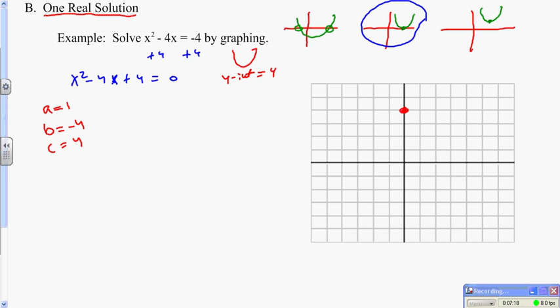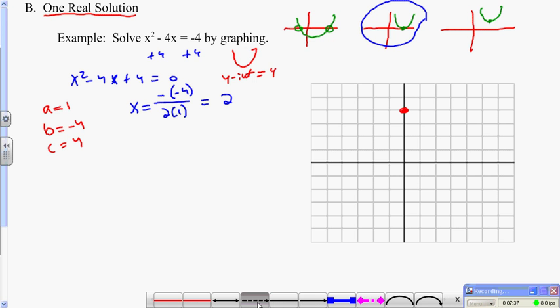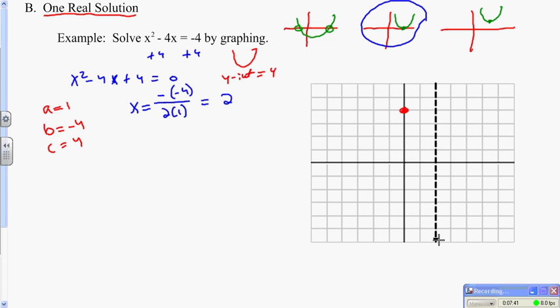There's the y-intercept. Let's find the line of symmetry. -b, in this case it's -4, over 2 times a, and we get 2. So our parabola has a line of symmetry at 2.